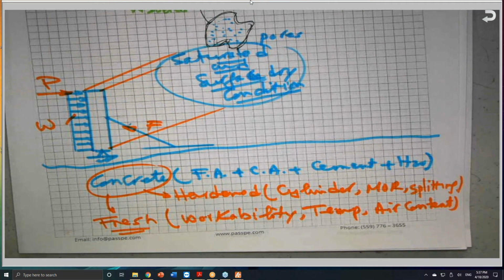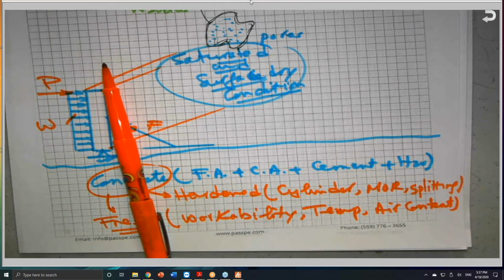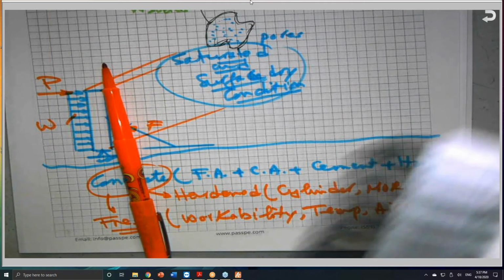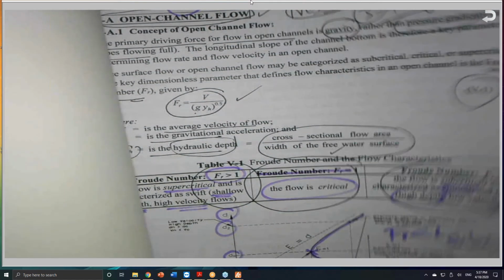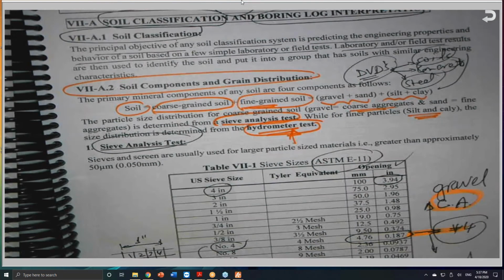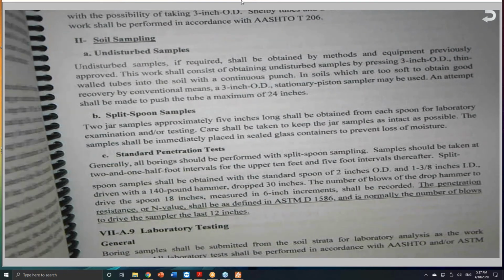All this is given in my book, which is coming from textbooks. I did not invent it. I have some pictures here. Let me see if I can locate them very quick.